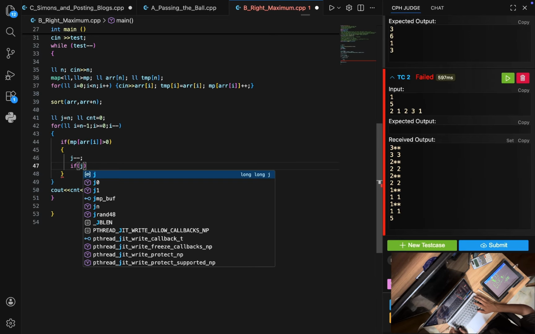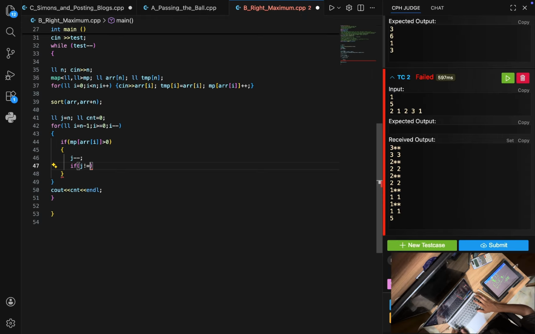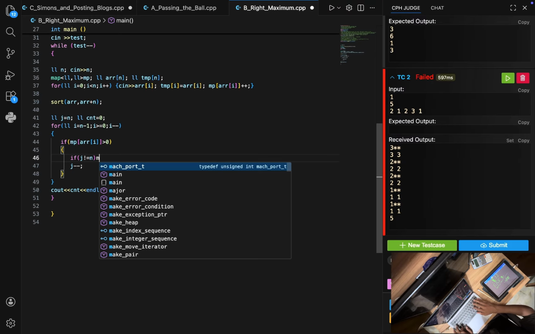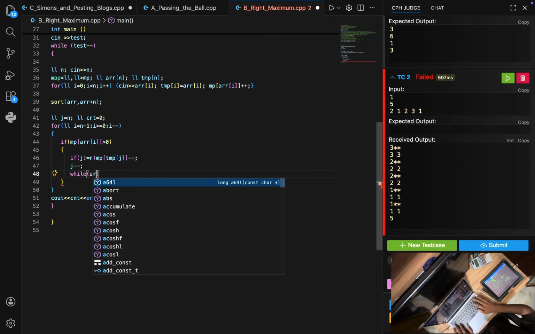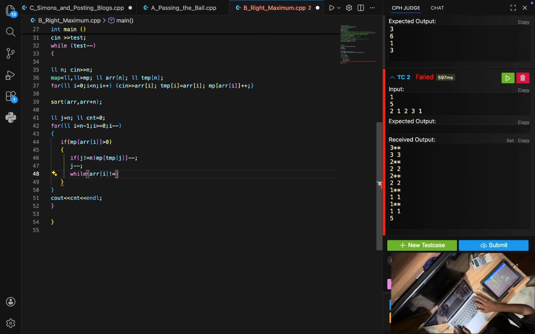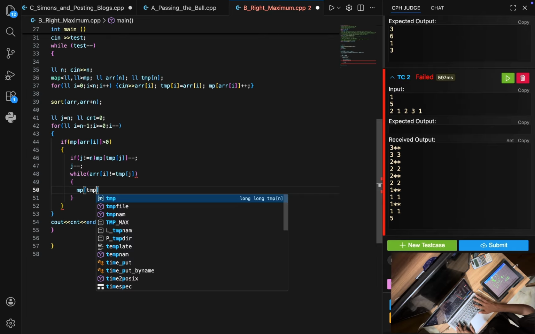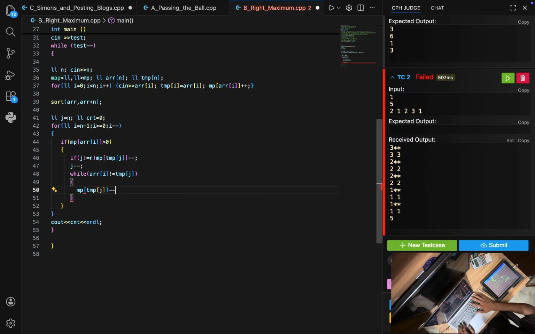If j is not equal to n, temp j minus minus and j minus minus, while arr of i not equal to temp j, temp j minus minus and j minus minus.